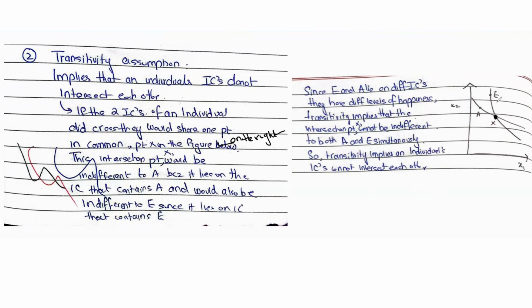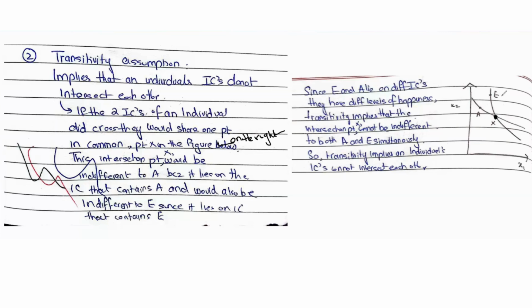And this intersection point is indifferent to bundle E as well, because it lies on the same indifference curve containing bundle E. Along an indifference curve, you only have bundles that give the same level of happiness. Similarly, bundle X has to be indifferent to bundle E because it lies on the same indifference curve containing bundle E.